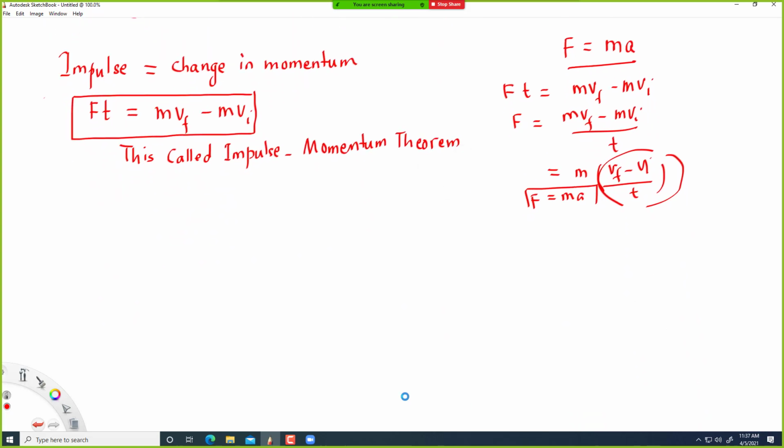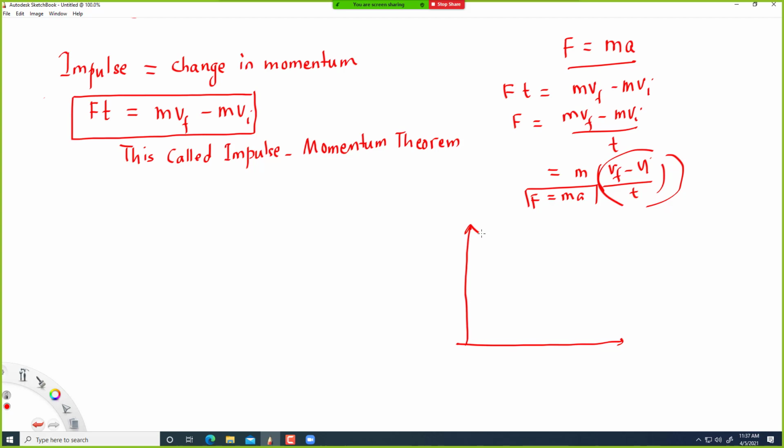Now, sometimes we may plot a graph of force versus time. Sometimes I may not be applying the same force over the time. When I'm pushing this, my force may not be exactly the same. Sometimes more force, sometimes less force.